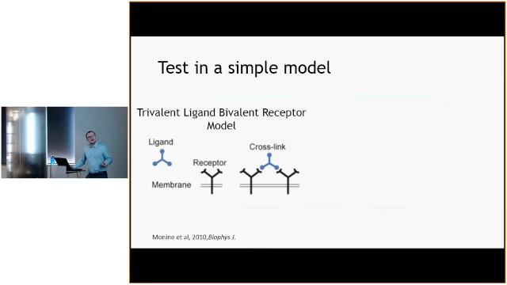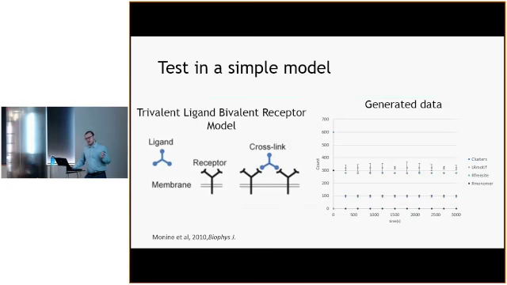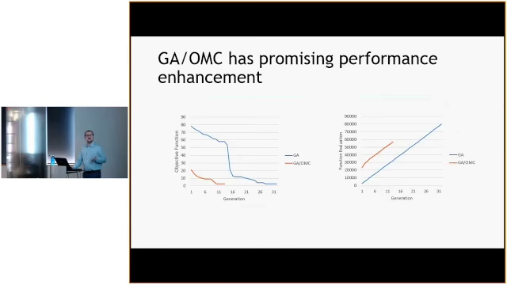I generated some synthetic data from the TLBR model, and our results look quite promising. In a regular genetic algorithm, your objective function starts from somewhere high, goes down slowly, then jumps down to a very low level, and then goes to a certain value where it has converged.